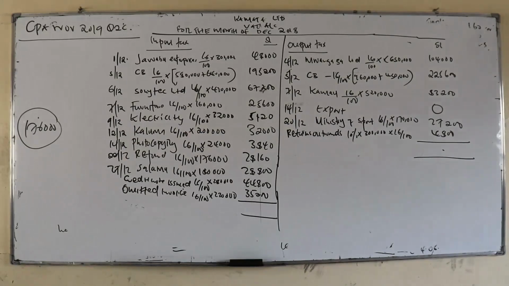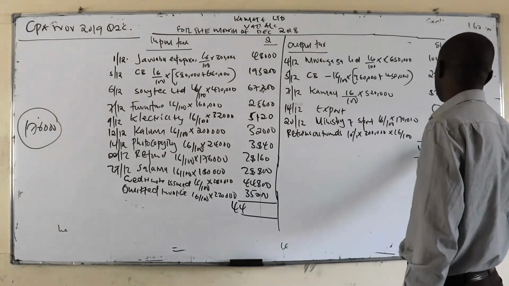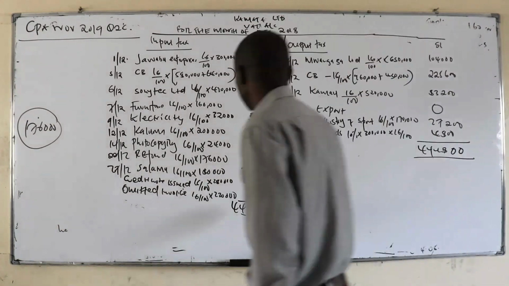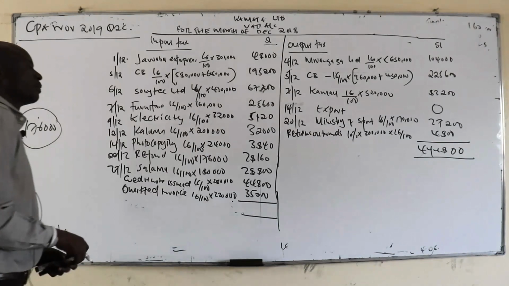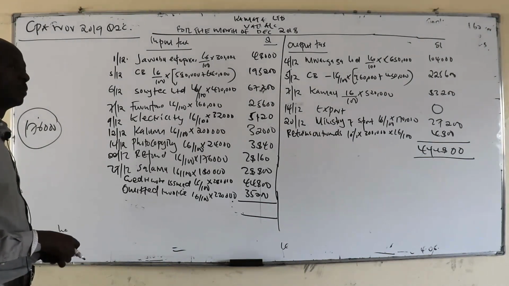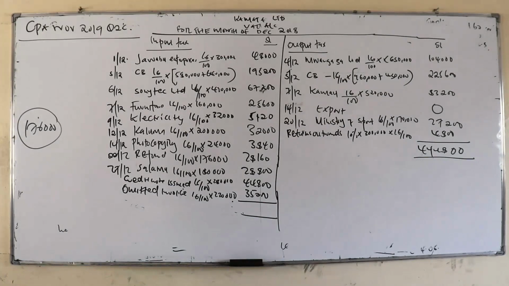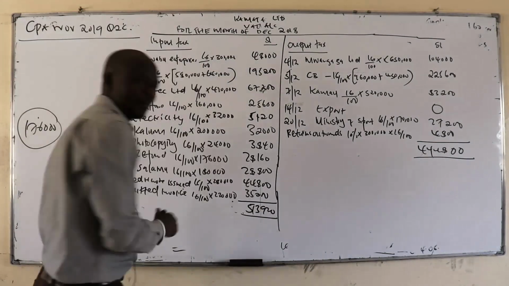How much is this? 44,800. And this side, how much? 513,920.